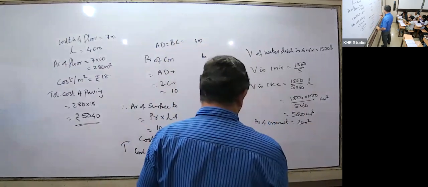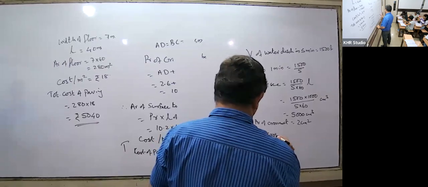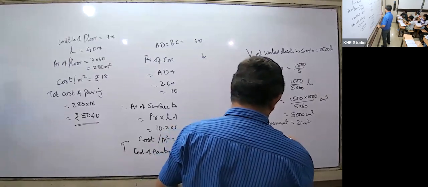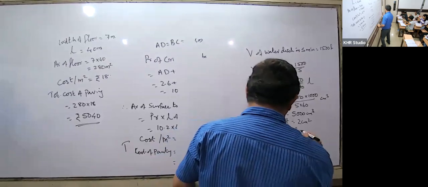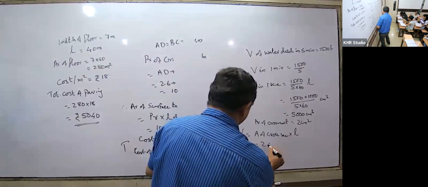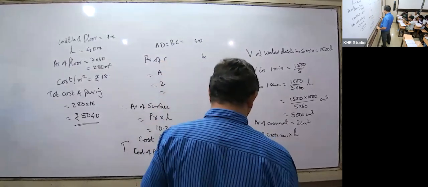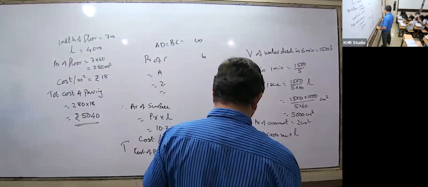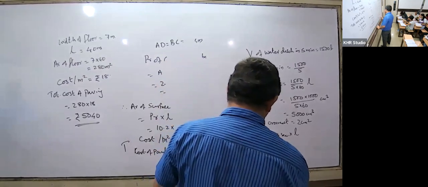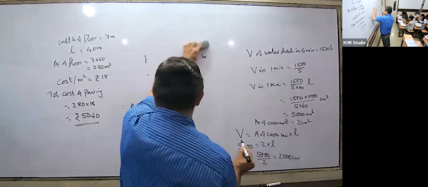Therefore, volume is equal to area of cross section multiplied by length. So we have 5000 is equal to 2 into length. Therefore, what is length? 5000 divided by 2, 2500 centimeter. Yes or no?